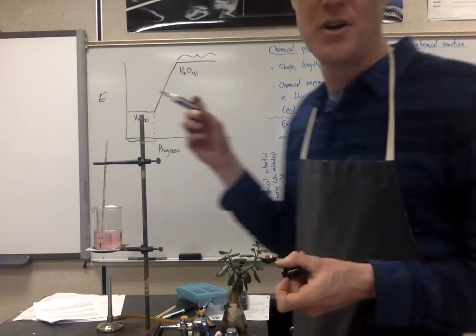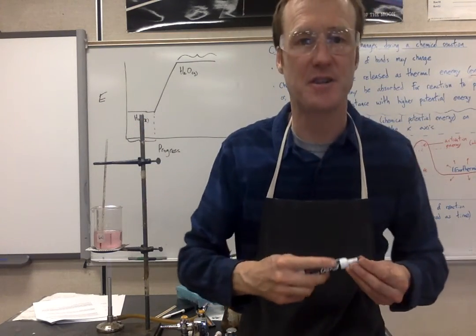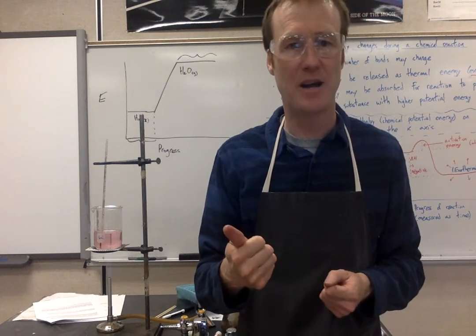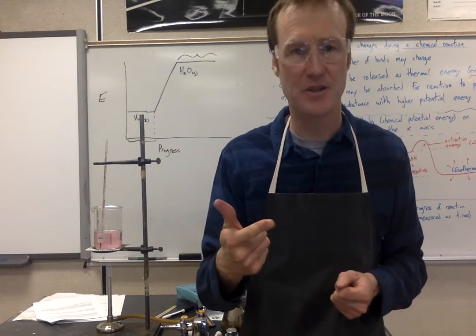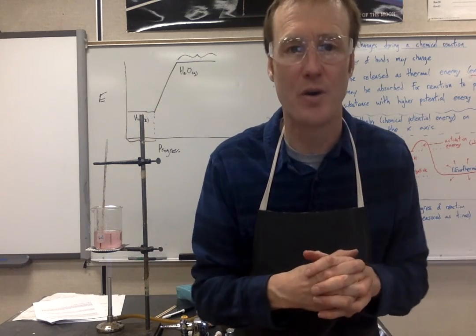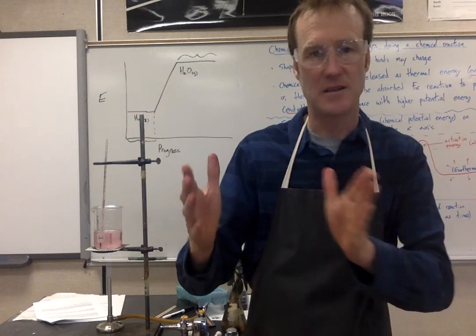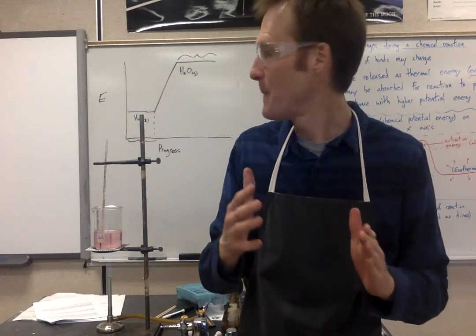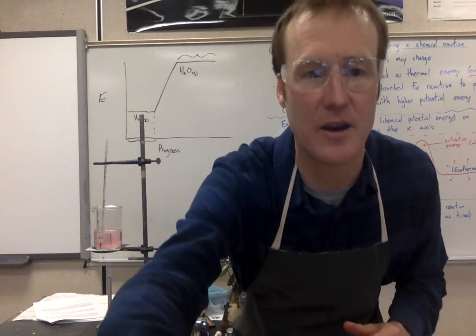So that's all I want you to know for energy and chemical reactions. And again, Science 10, know what an endothermic reaction is, know what an exothermic reaction is, be familiar with enthalpy, and most importantly, be able to connect your energy level diagrams with the types of reactions. That's everything I want you to know, and I hope you found it useful.